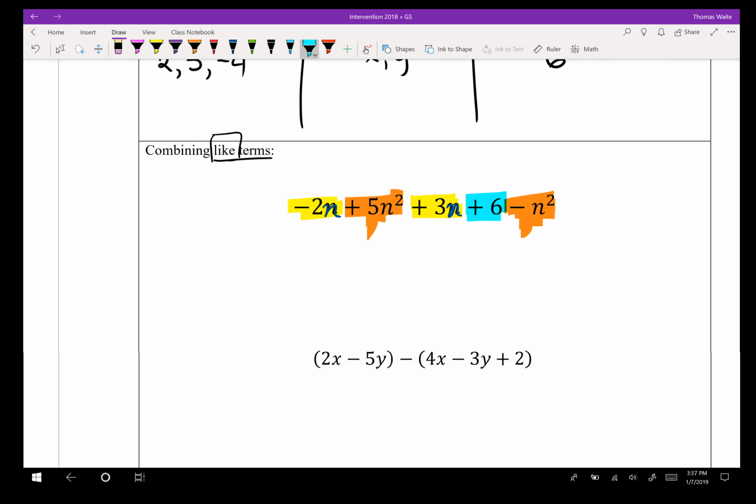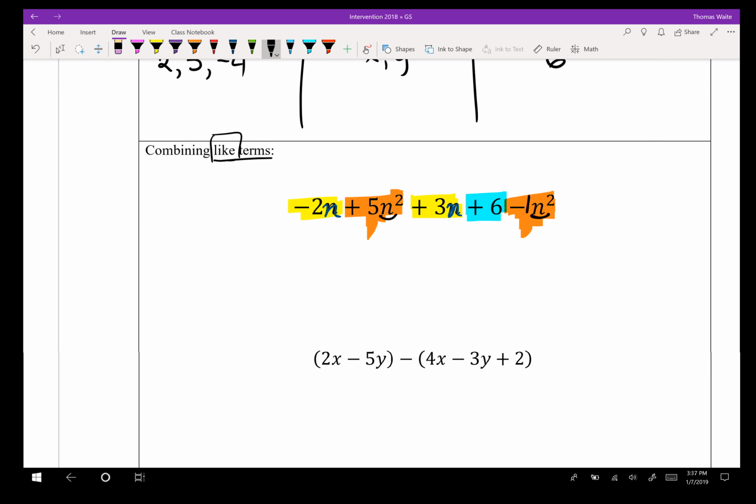So now I'm going to write these, I want to combine them. We don't want to talk about having 5 of one thing and taking away 1. We just want to put it as one like term. So to combine them, I'm talking about these things, n squareds. Let's combine those first. Well, I have 5 of them on the left and negative 1 of them. We could imagine there being a 1 here, a negative 1 over here. If I combine them, that's 5.